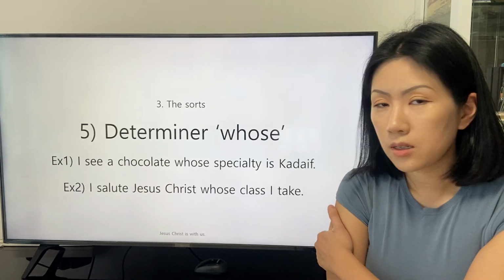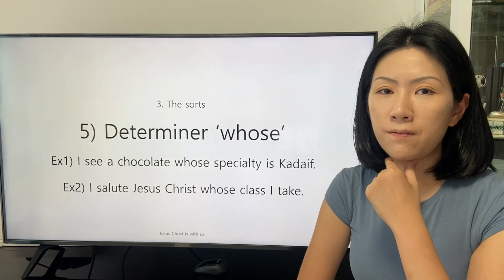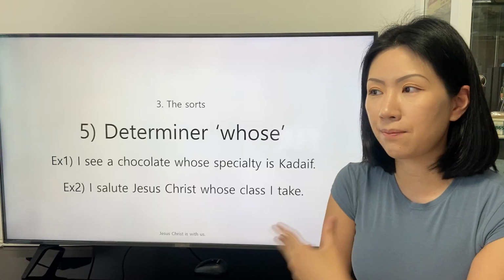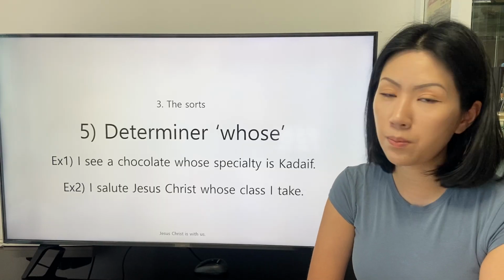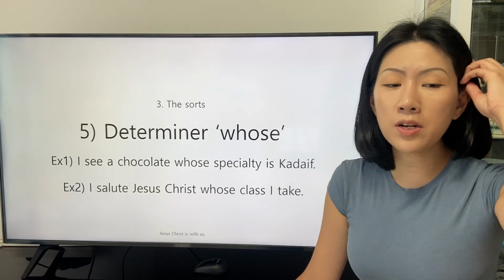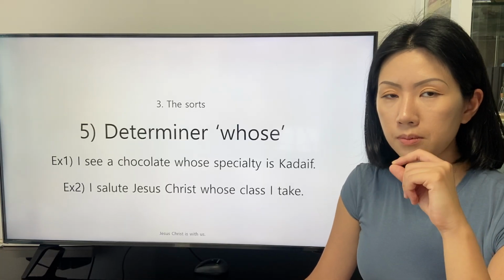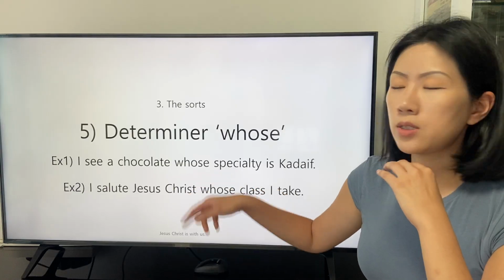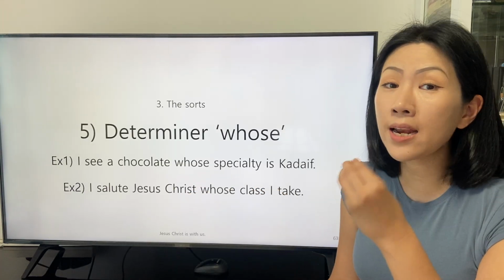This example reminds me of the two students who gave me the chocolate from Dubai. In the first example, the determiner whose is applied in the defining way.